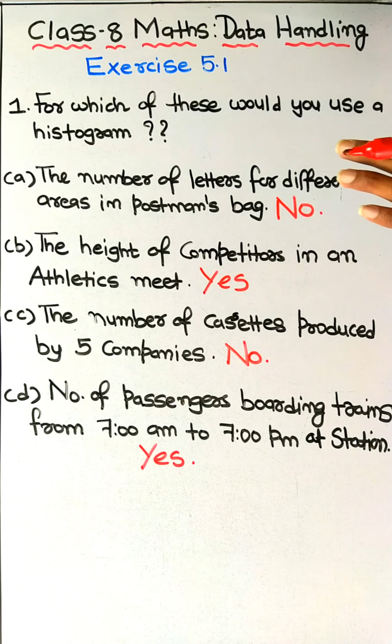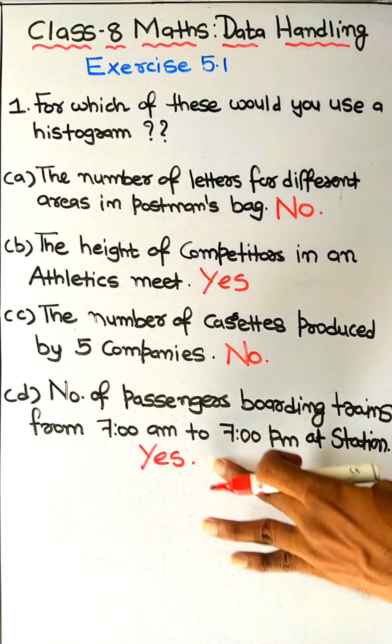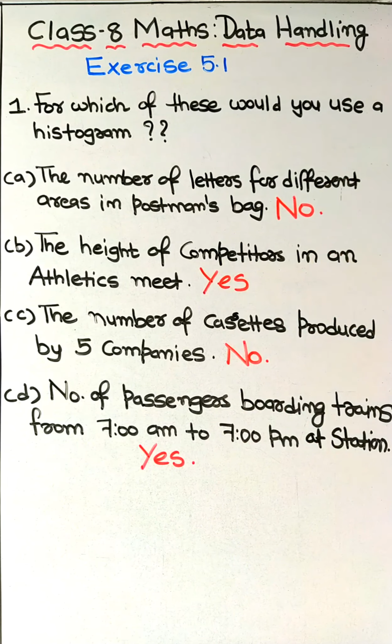So we have seen that there were two different answers in which we can prepare the histogram. Why? Because the data represented in the manner can be divided into class intervals.